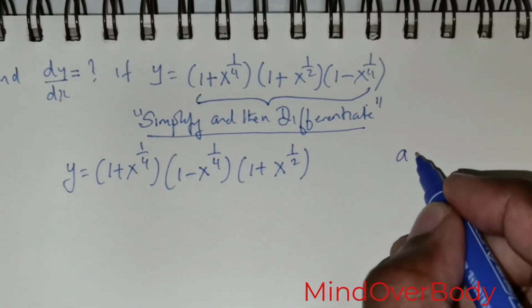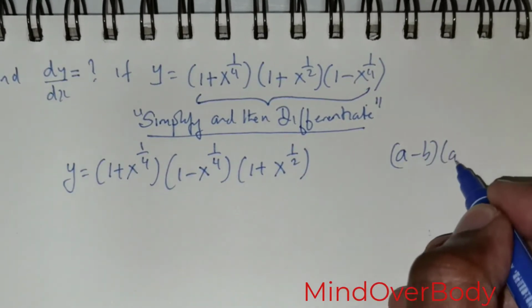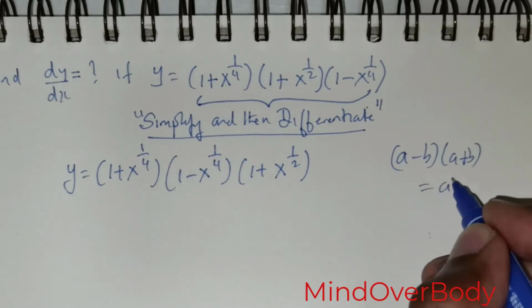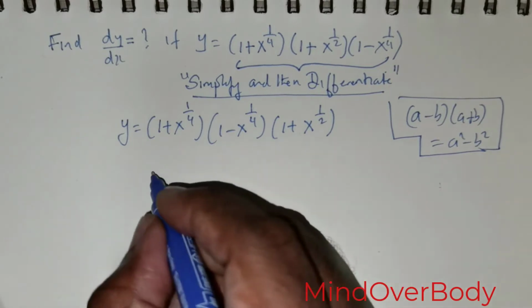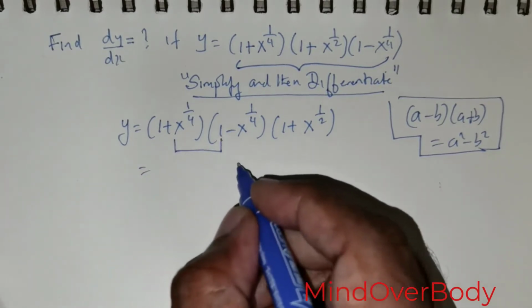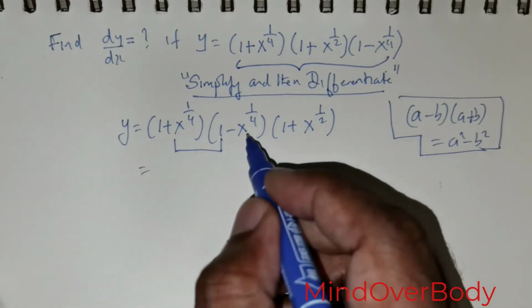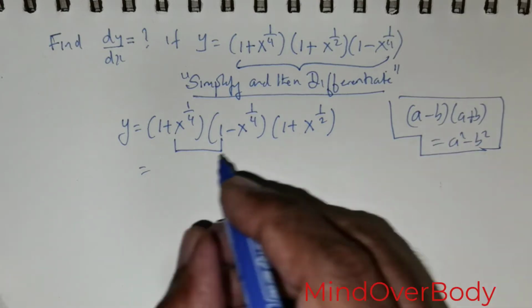Now we know a formula: (a - b)(a + b) is equal to a² - b². So using that, we would club these two together. In fact, I have written it like this, having this formula in mind.